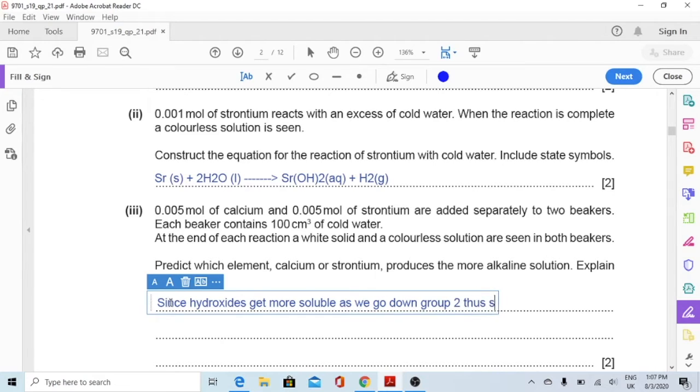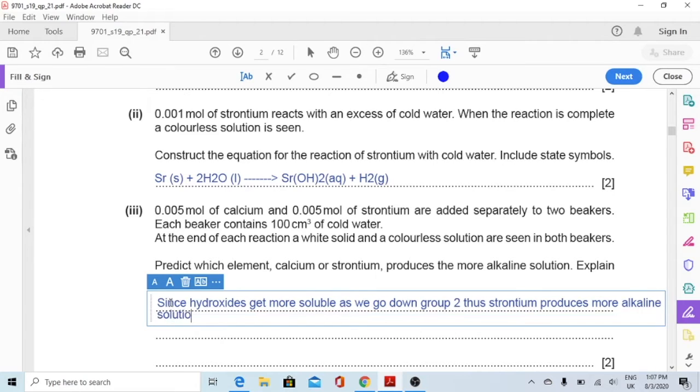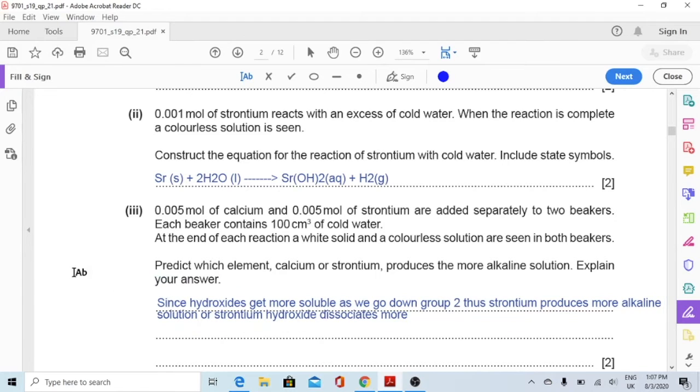Thus, strontium produces more alkaline solution, or dissociates more. Strontium hydroxide dissociates more. So this is the answer.